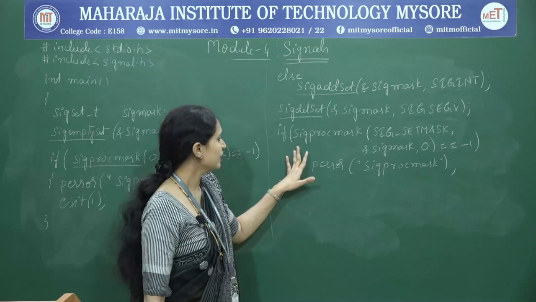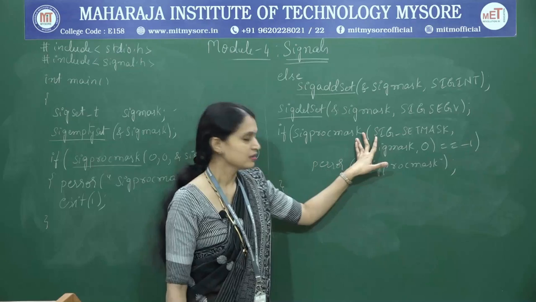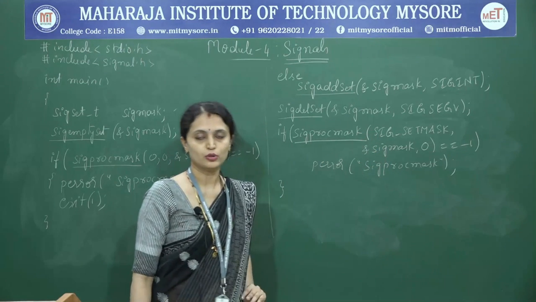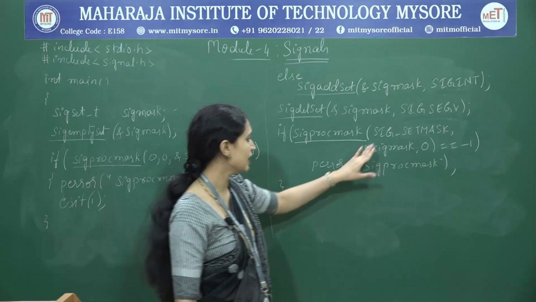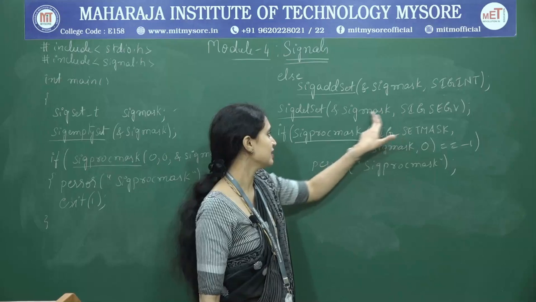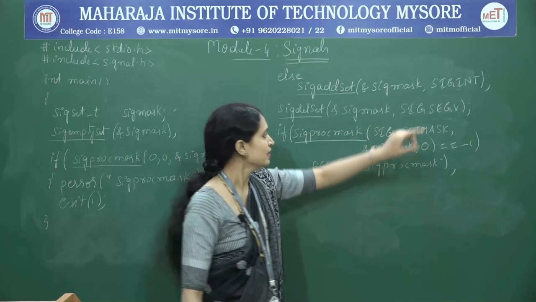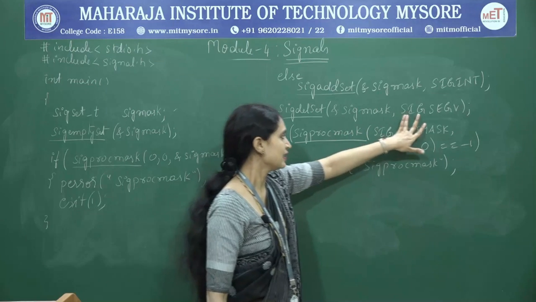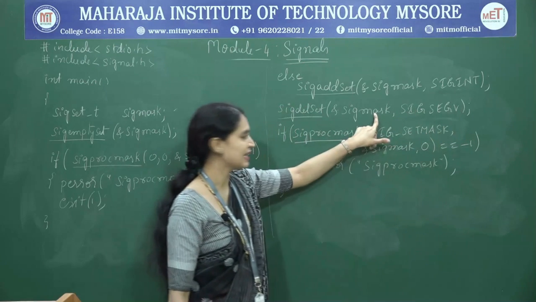After that I am once again invoking the sigprocmask. Here I am passing the new mask argument. New mask means the sigmask. Here the sigmask will be updated like this: SIGINT will be added to the signal mask, and then the segmentation fault signal will be removed from the signal mask.